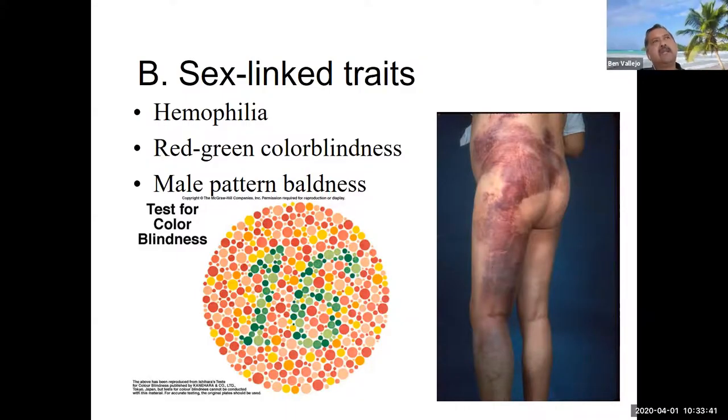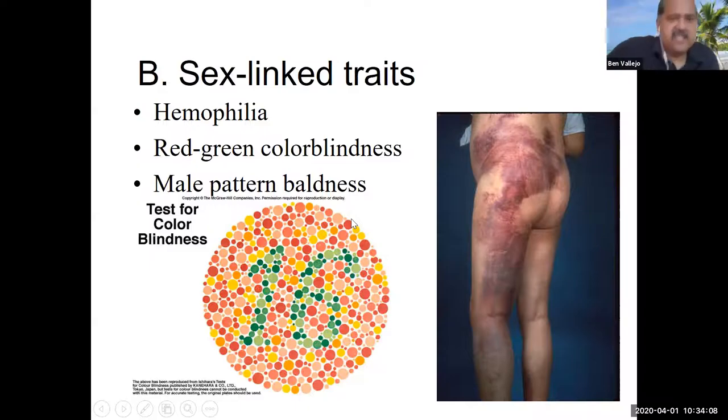So it's more likely that a male has a disorder because the male doesn't have another chromosome with a different dominant genotype that's going to wipe out the disease-causing allele. So if you can see the number 16 right here, what you have is normal color vision.